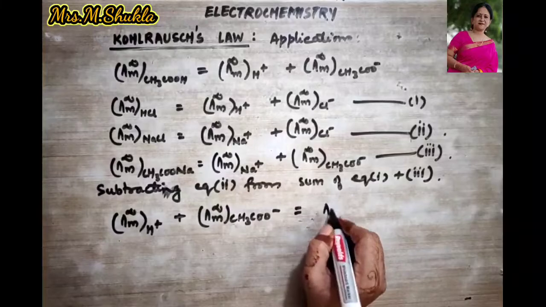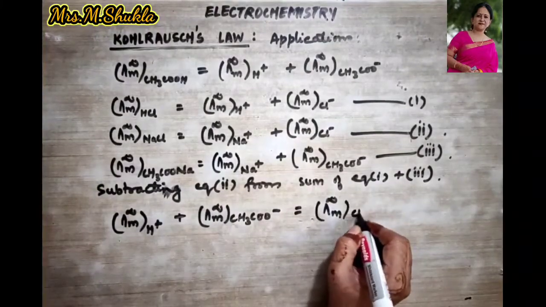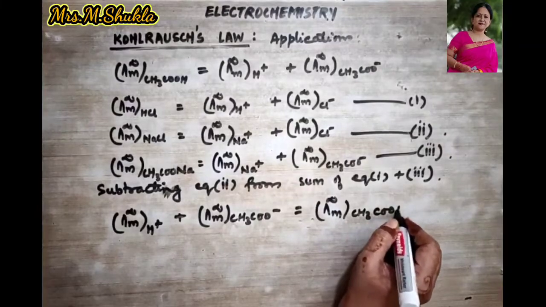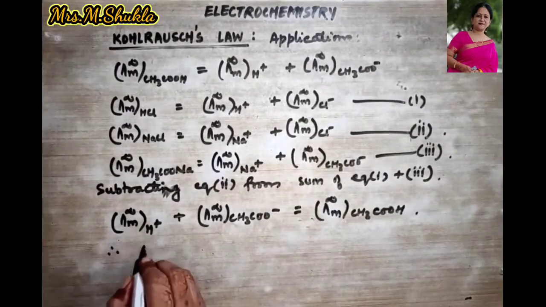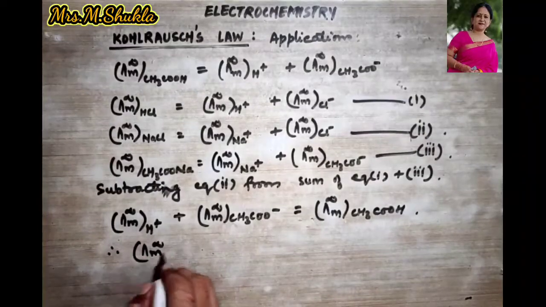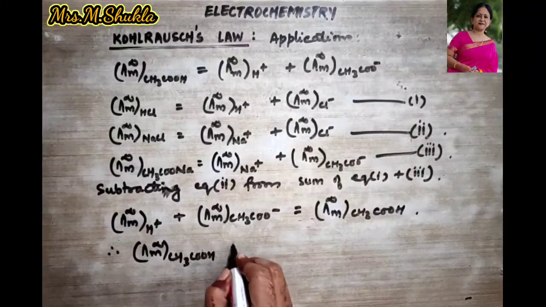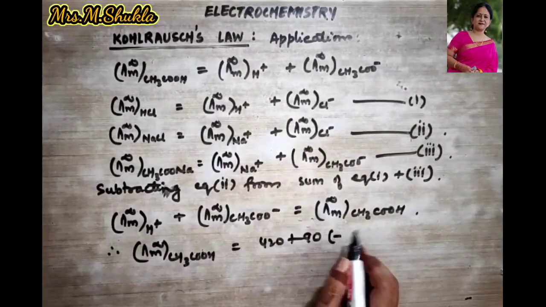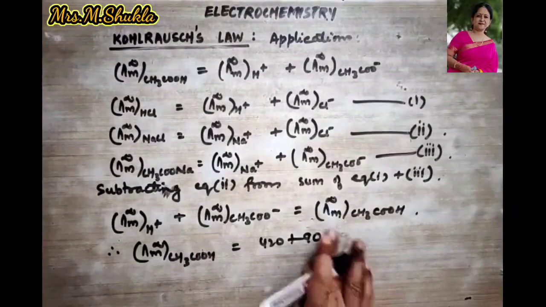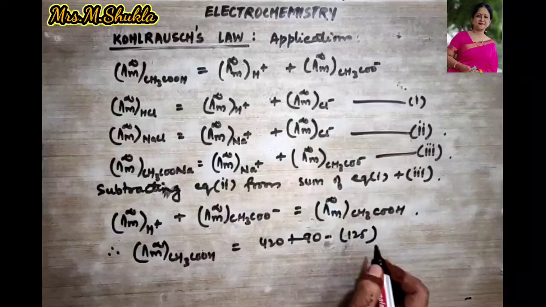This will be equal to the molar conductivity of CH3COOH. Okay. Now, therefore, the molar conductivity of acetic acid will be equal to 420 plus 90 minus 125.